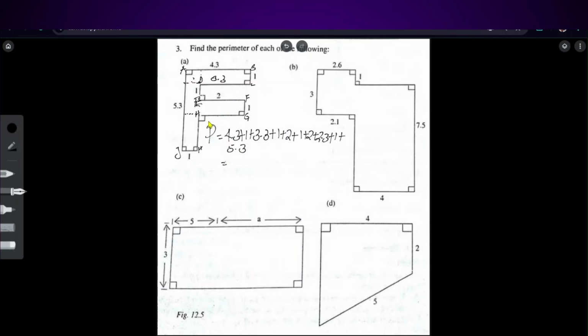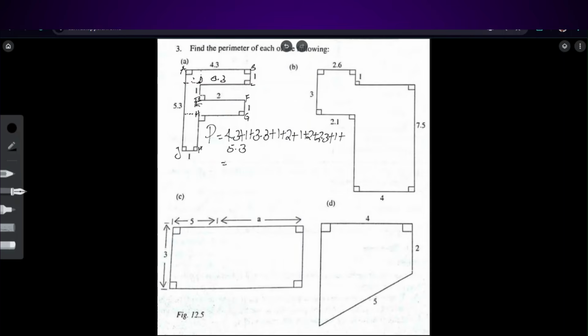So perimeter is simply the distance around a figure. I want you to take some time and add all this, and you tell me what the answer is. Take 4.3, add 1 centimeter, add 3.3, add 1, add 2, add 1 again, add 2 again, add 2.3, add 1 centimeter, and finally add 5.3.